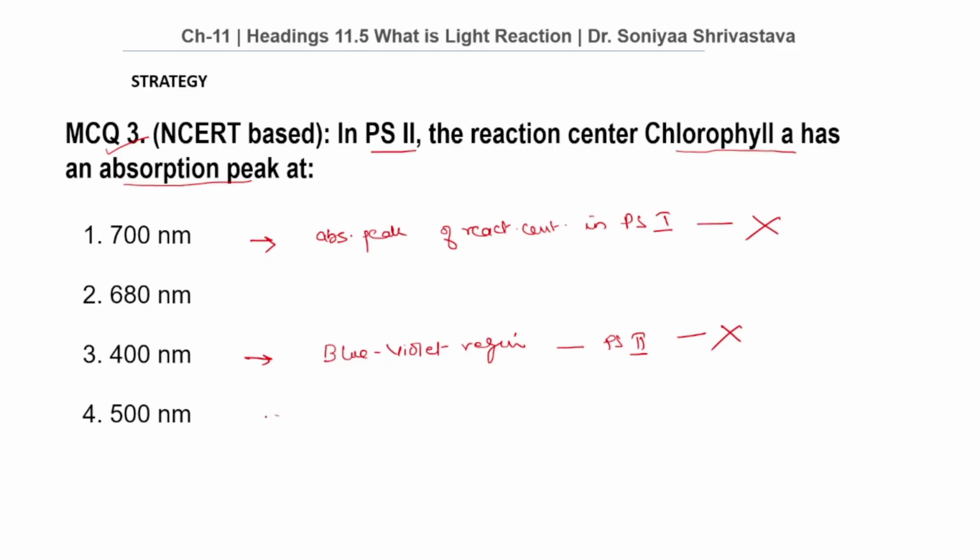Option number 4. This falls in green region, where photosynthetic pigments absorb poorly. So it is not the reaction center peak. So this is also the wrong option. Coming to 680 nm wavelength. The reaction center chlorophyll A of the photosystem II absorbs light most efficiently at 680 nm due to the specific protein bound to it. So this is our right answer.